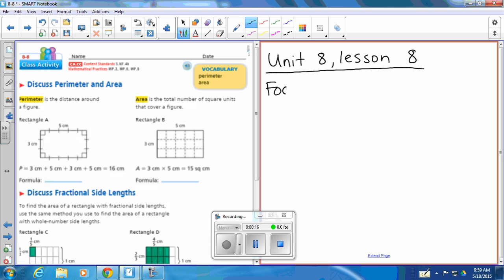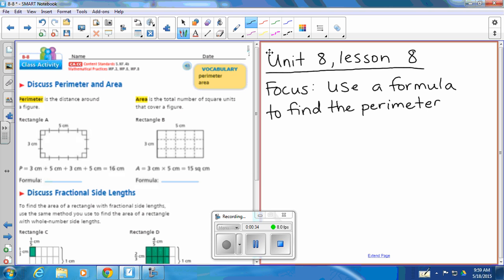Our focus today is going to be to use a formula to find the perimeter and area of a rectangle, which you've done before, but this time it's going to have fractional side lengths.